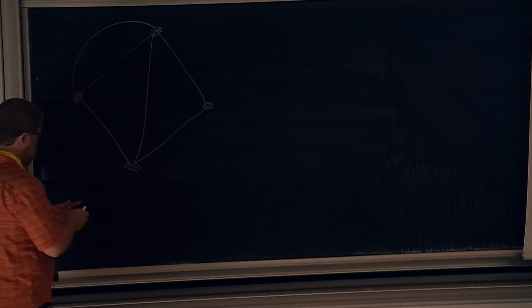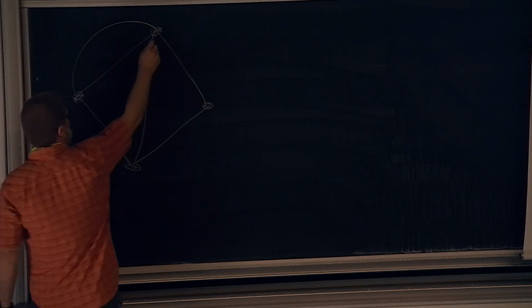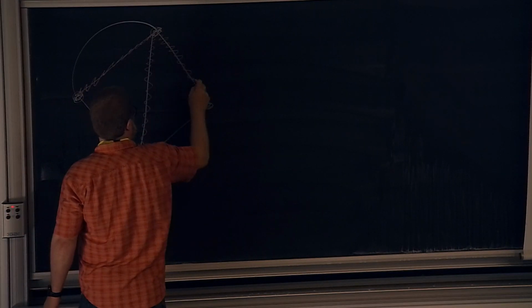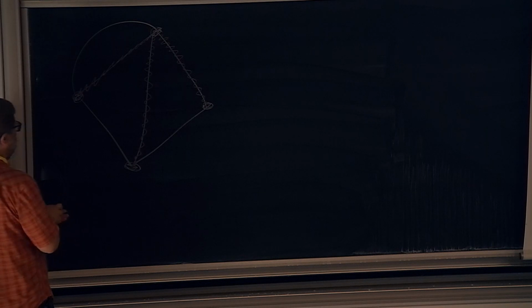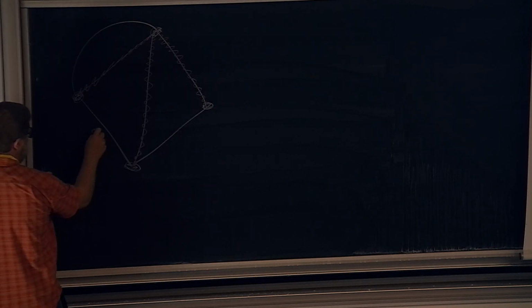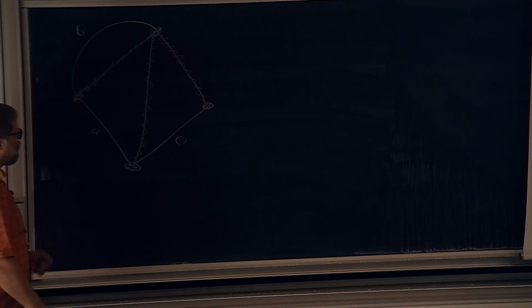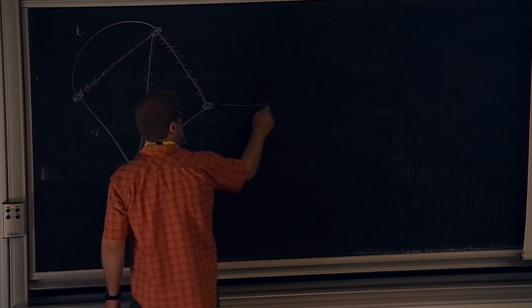What do you do? Well, all you do is you choose a maximal tree. There's a part of a maximal tree, and then there's another one right there, and another one right there. And then you collapse it. There are three different edges, A, B, and C, that are not inside the maximal tree, and you collapse.